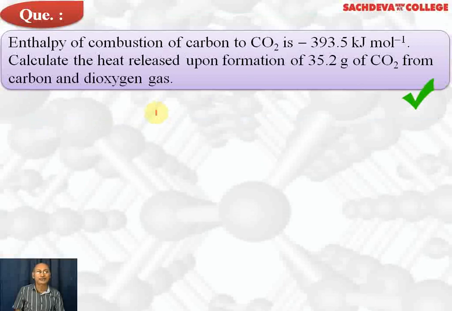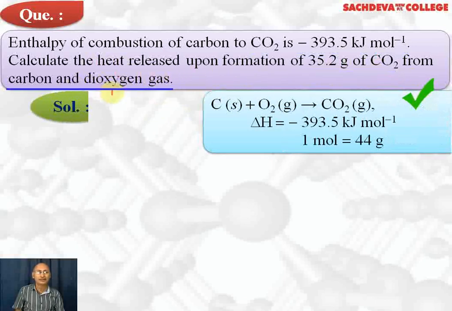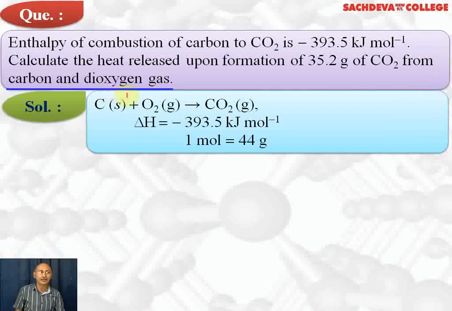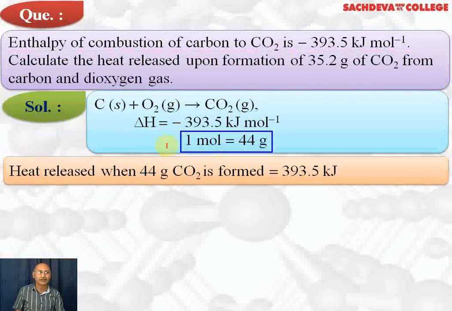Next question: enthalpy of combustion of carbon to CO2 is minus 395.5 kilojoules per mole. Calculate the heat released upon formation of 35.2 grams of carbon dioxide from carbon and dioxygen gas. Dioxygen gas means O2 gas. Now carbon plus O2 gives you CO2 gas. Delta H is equal to minus 393.5 kilojoules per mole. 1 mole is equal to 44 grams.